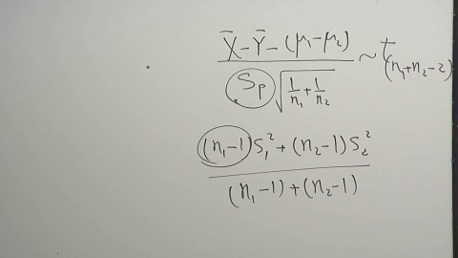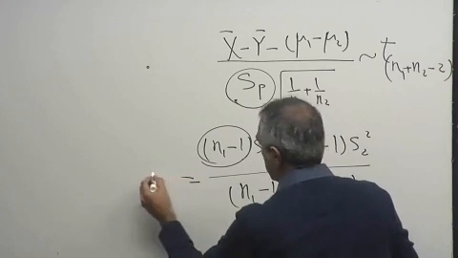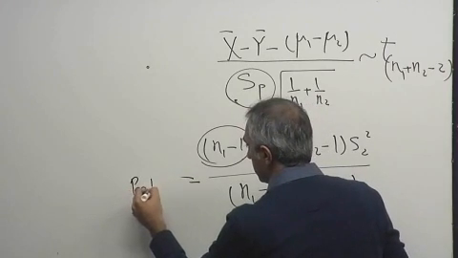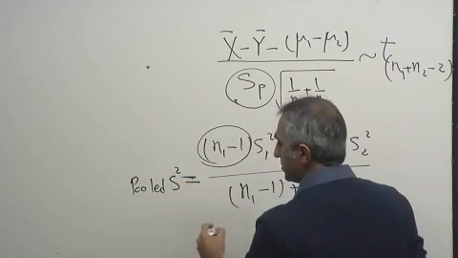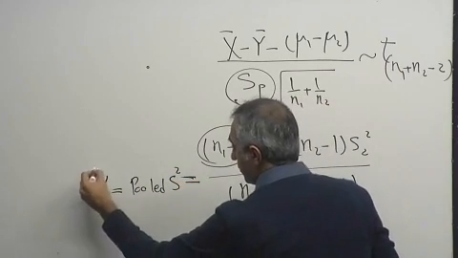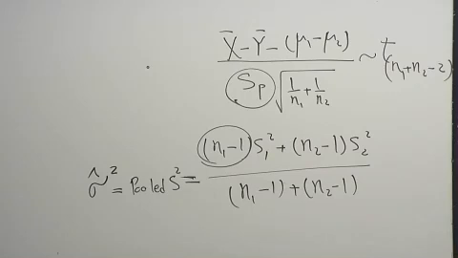Is it clear? That's the pooled S squared, or pooled estimate of variance, which is an estimator for this sigma squared, the variance of two populations which are the same.